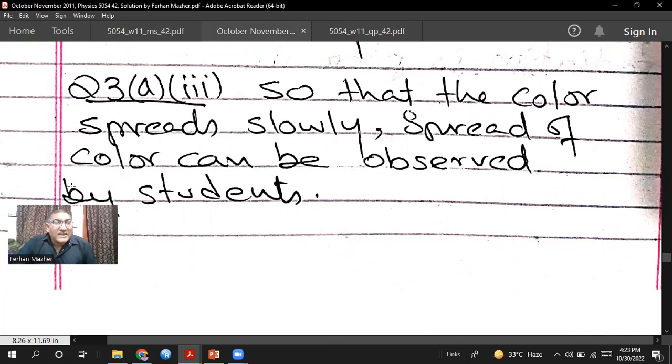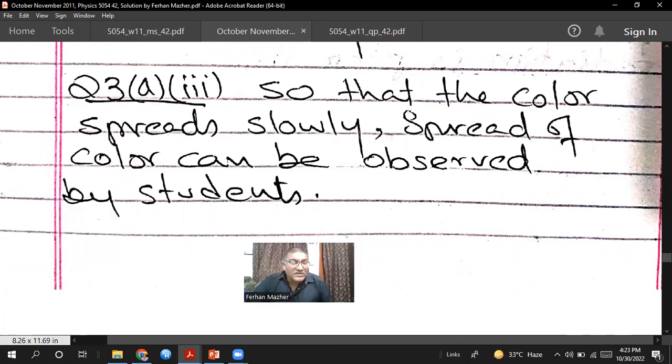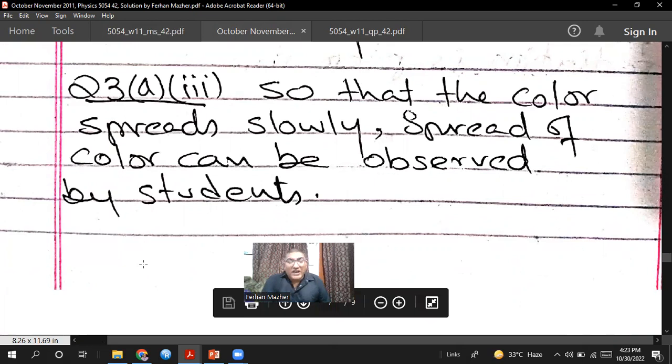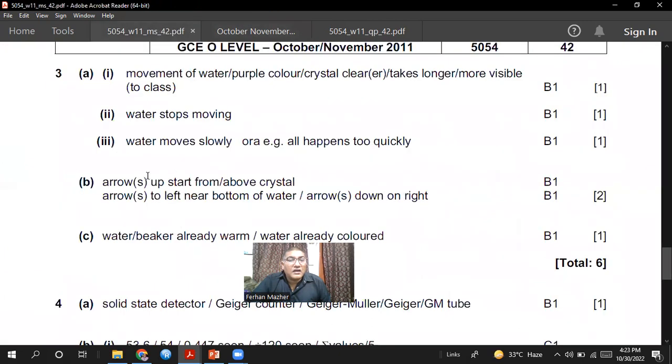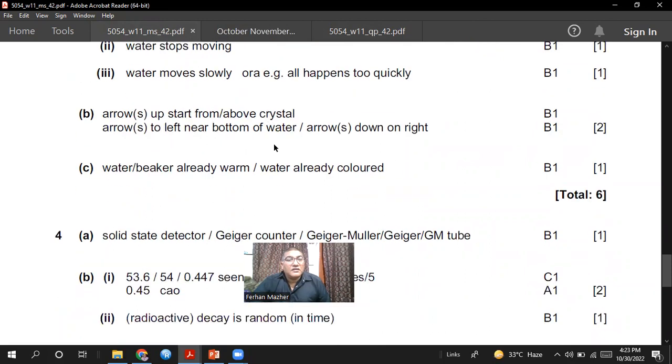So you do it gently and slowly so that the students can observe the spread of that color.